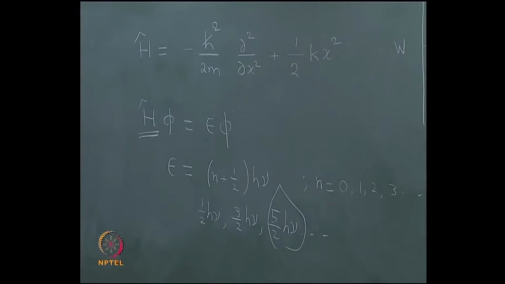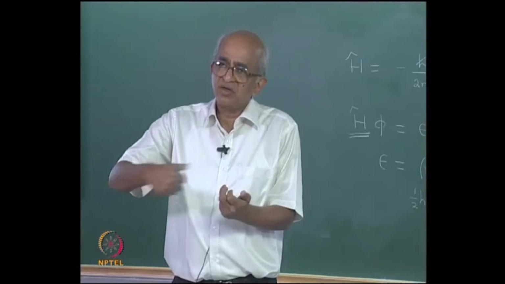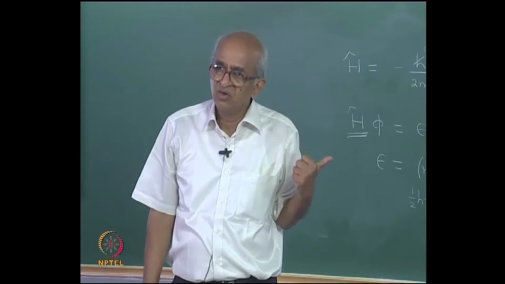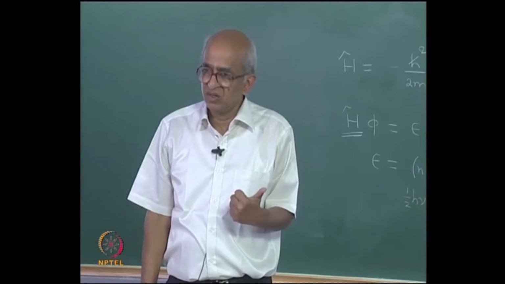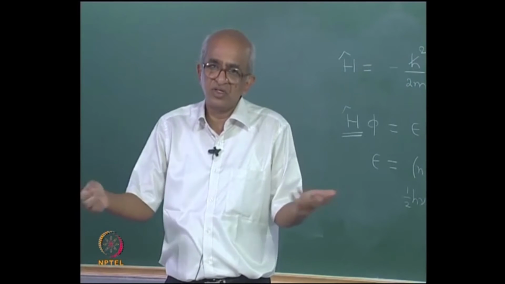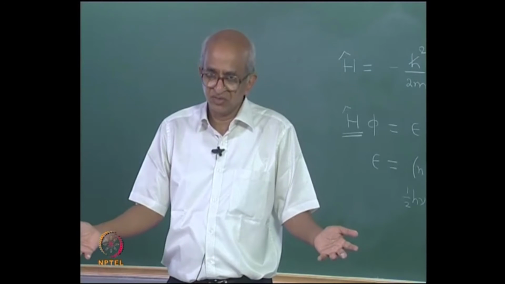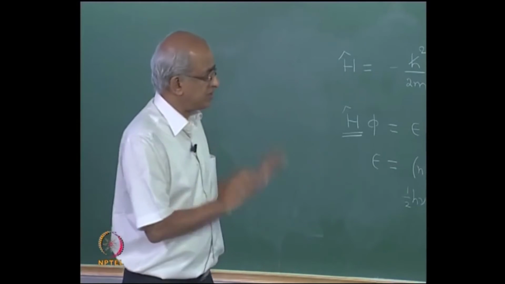Then you can make the measurement of energy any number of times, and the answer will always be 1/2 h nu. And if the answer is always 1/2 h nu, what about the average? The average also will be 1/2 h nu. Okay. So, that is what this means.